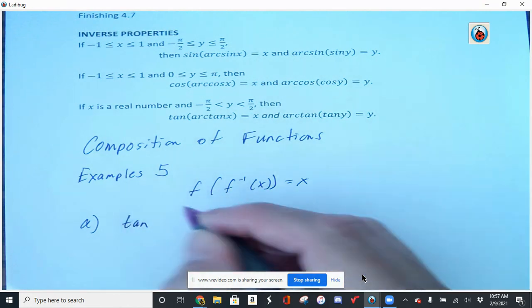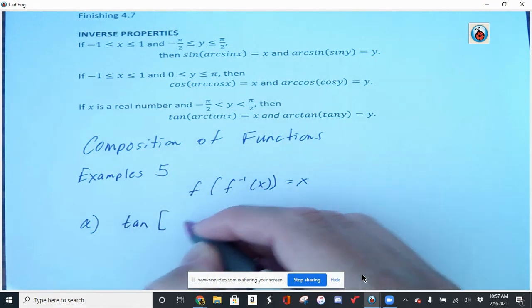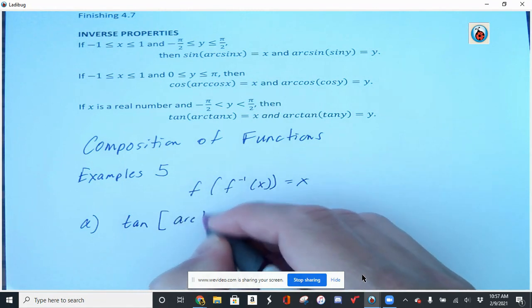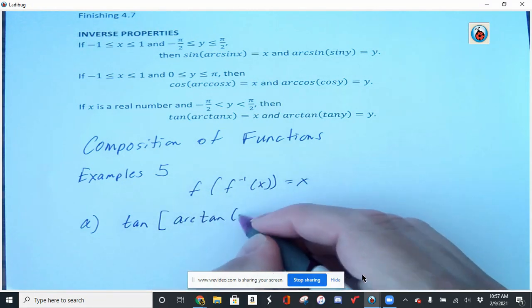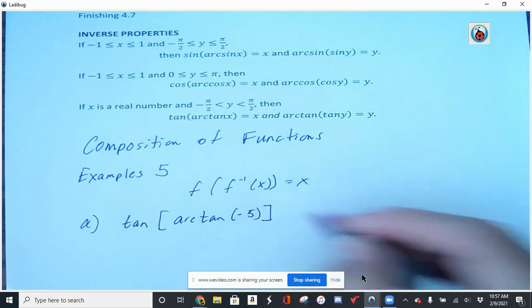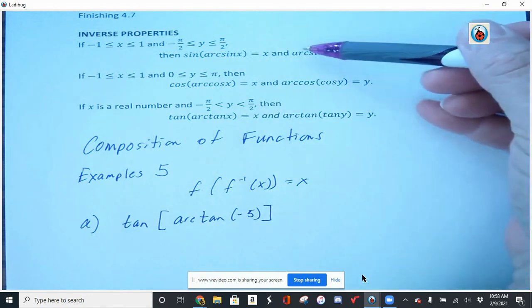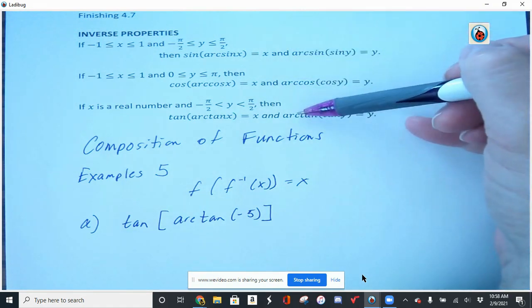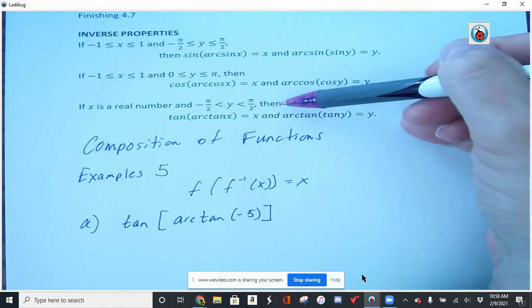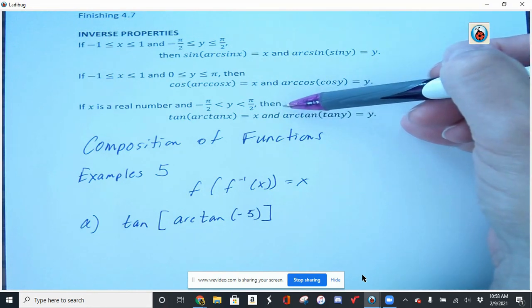So here's the first one. This is your composition of functions. I want to find the value of this, and once I find it, I'm going to apply it to the tangent. Before I move on, though, I've got to make sure that it fits the rule that it gives us when it comes to the inverse properties.